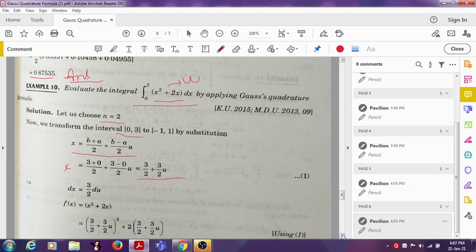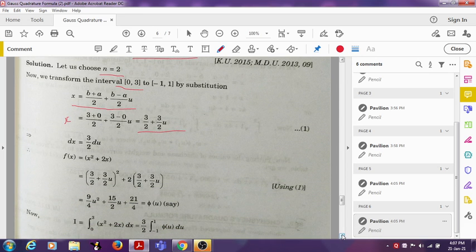So f(x) will be equal to x square plus 2x. Put the value of x again here. What is the value of x? 3/2 plus 3/2 u. So we put x here, so there will be the whole square of (3/2 plus 3/2 u) plus 2 into (3/2 plus 3/2 u). Now expand this.